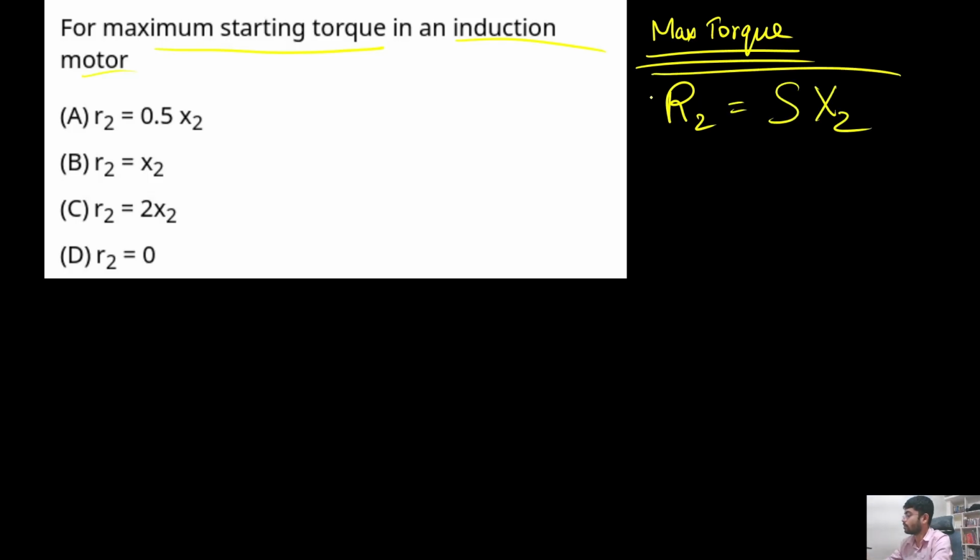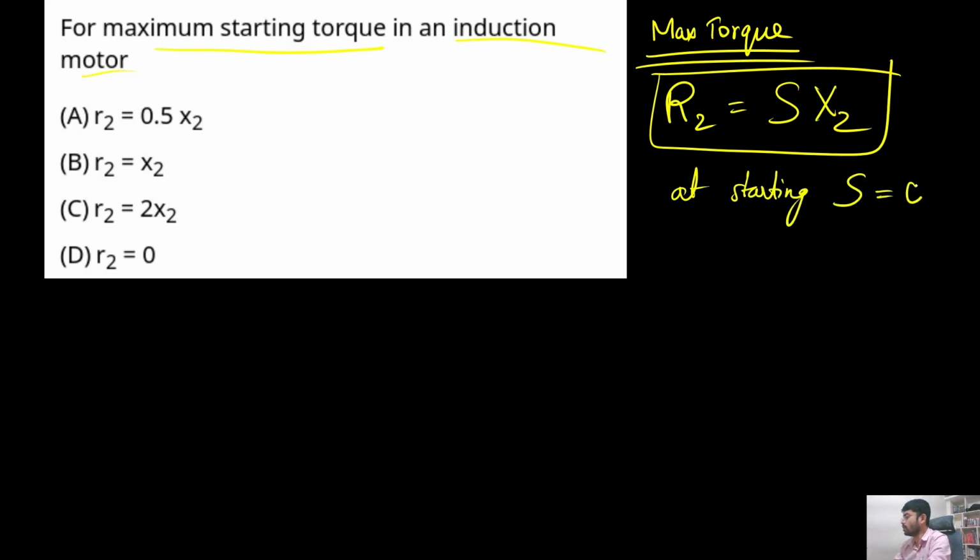Since it is a starting torque, at starting the slip is equal to 1, because slip is (Ns minus Nr) by Ns, and the rotor is not rotating at start, which means Nr equals 0, so (Ns minus 0) by Ns equals 1.